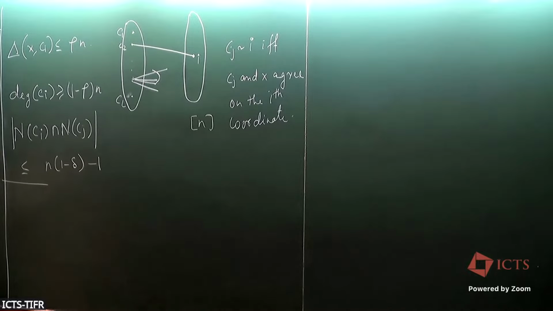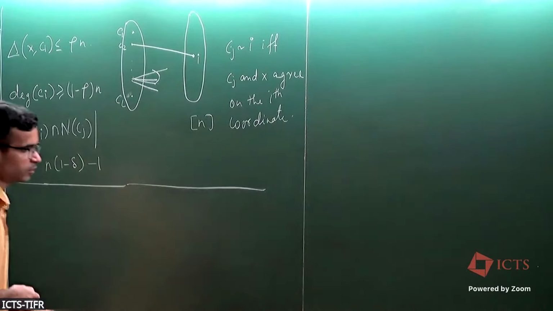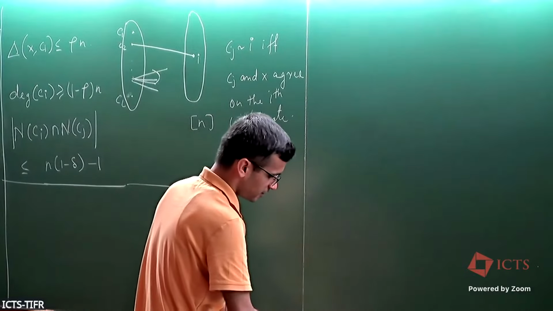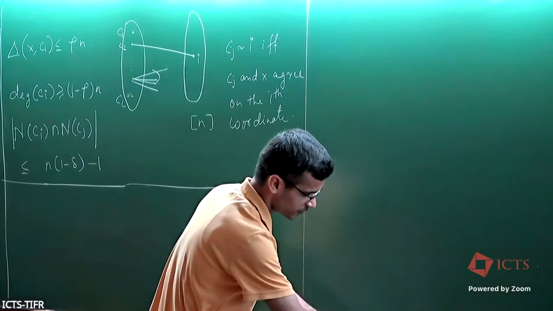I said the proof is by double counting, but the question is double counting what? That's the clever part of it. We will double count V's in this graph. Let me say what that means.